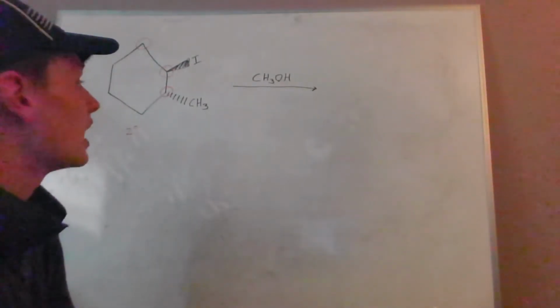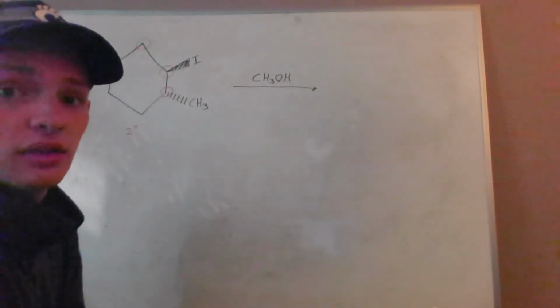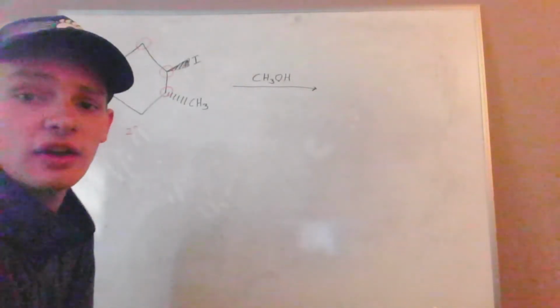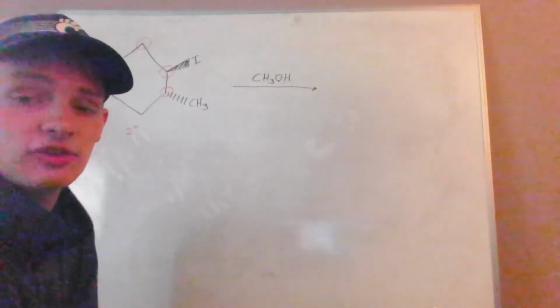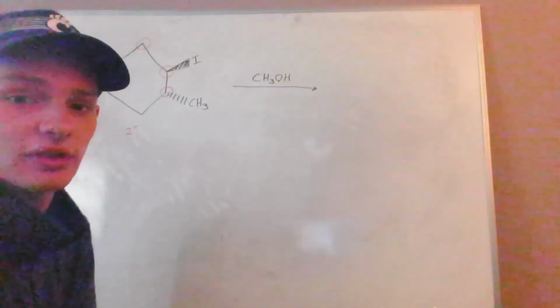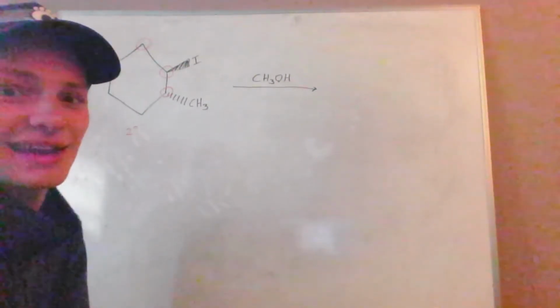However, there is one comment I would like to make about E2 reactions that I vaguely mentioned before, which is that the proton that is removed in an E2 reaction mechanism must be anti-periplanar to the leaving group. Now, what the heck does that mean, right?